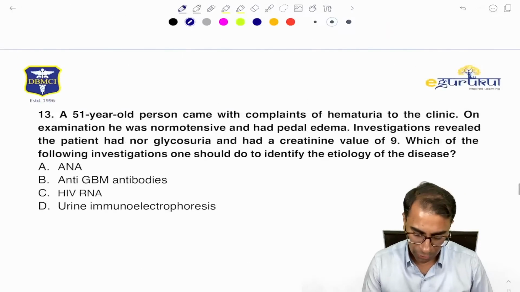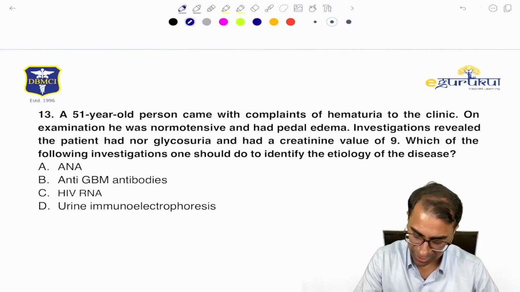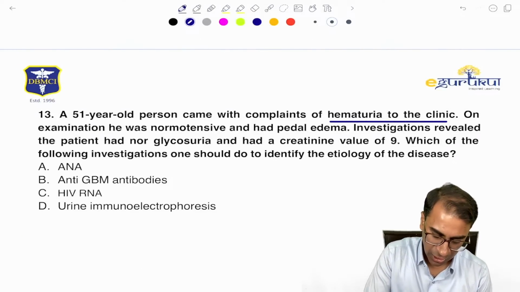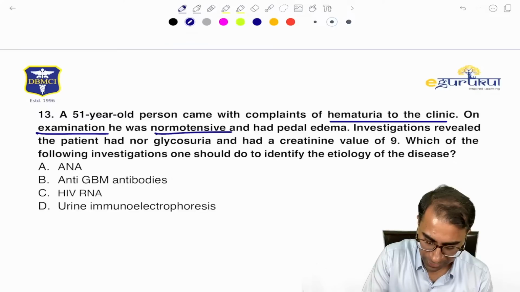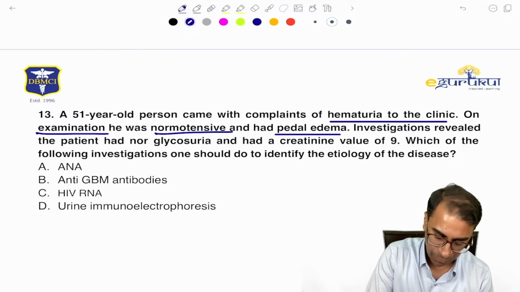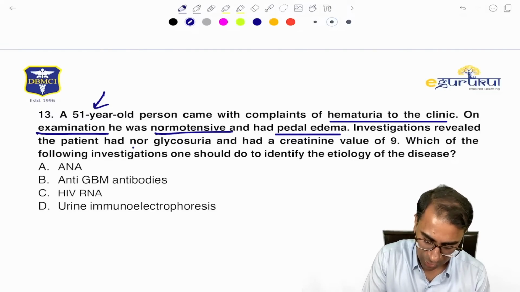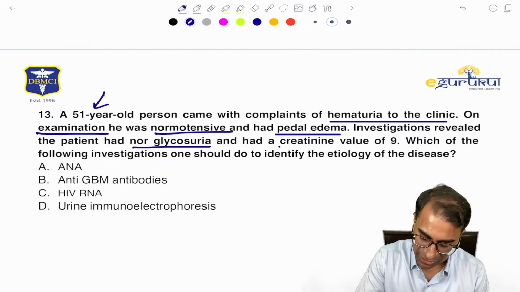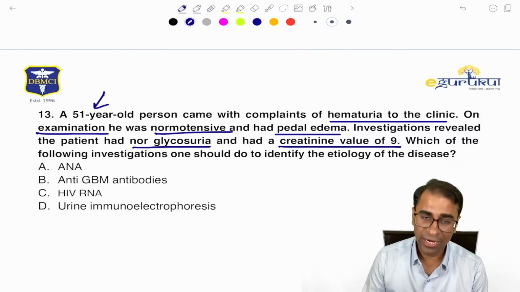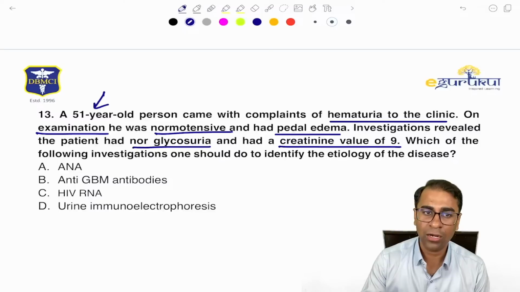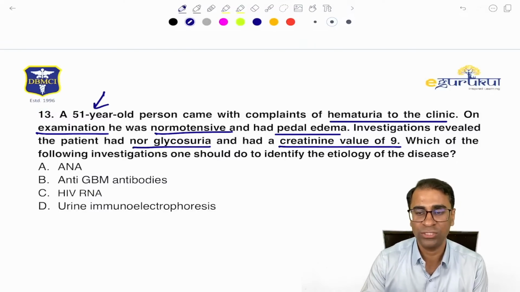A 51-year-old patient presents to the clinic with hematuria. On examination, the patient was found to be normotensive with pedal edema. The patient does not have glycosuria and has a creatinine level of 9. What is it? It becomes a case of RPGN. Which of the following should one do to identify the etiology of the disease?